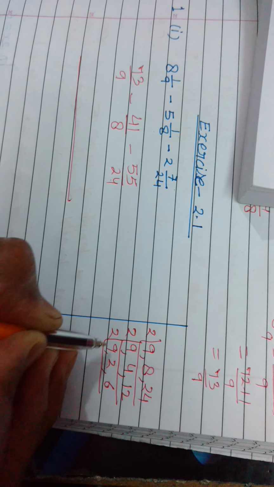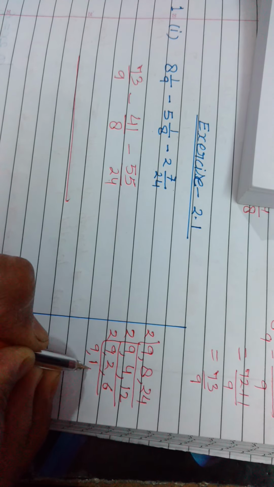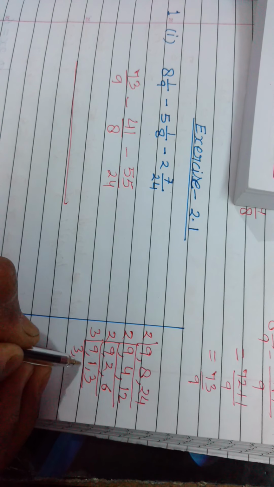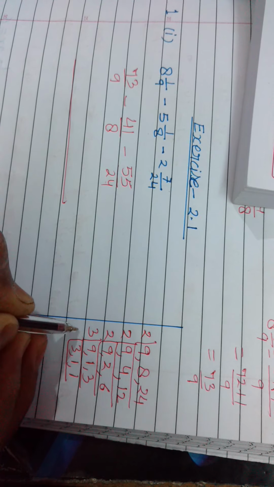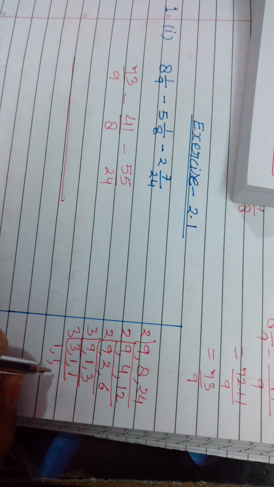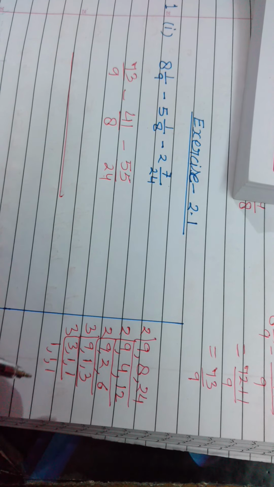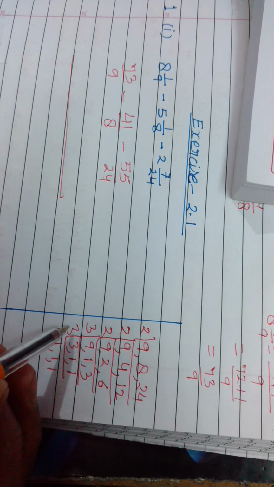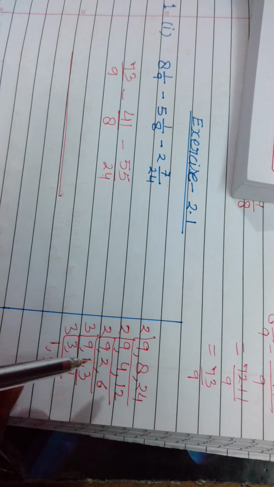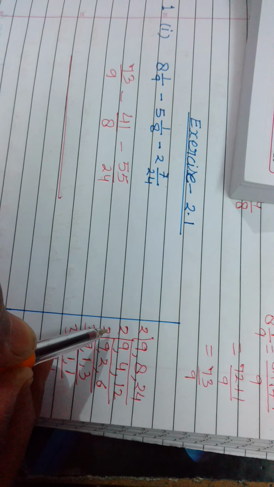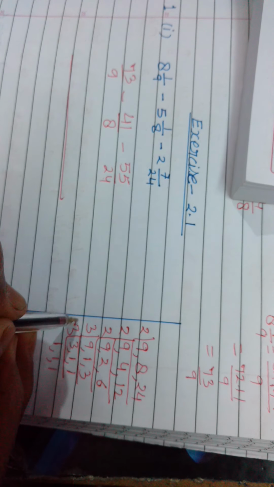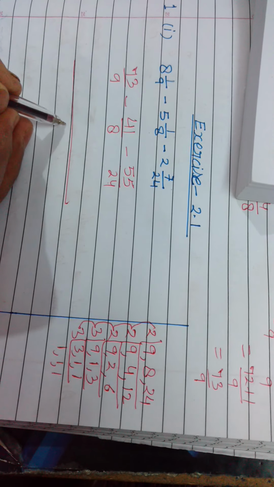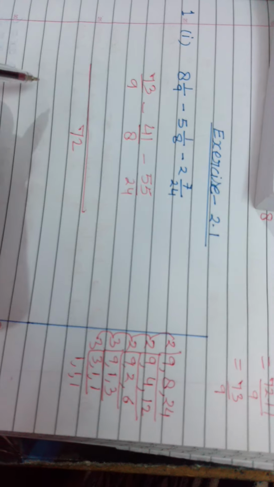Then again 9, 1, 3, then 3 3s are 9, 1, 1, and then 3, 1, 1, 1. Till 1, 1 comes, we continue dividing. After this, we multiply these prime numbers. So 2 3s are 6, 3 3s are 9, 2 9s are 18, 4 18s are 72. So the LCM is 72.